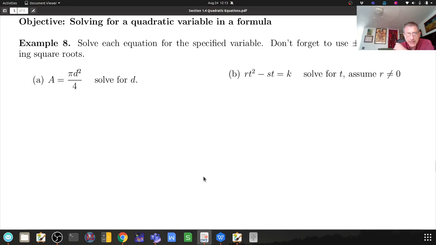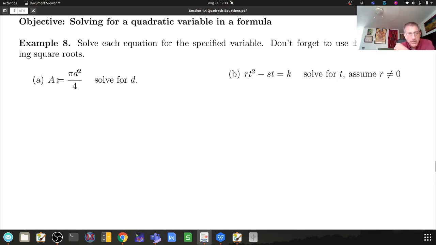So going back to what we're given, we're going to solve both of these equations for the specified variable. And I give you the hint, don't forget to use plus or minus when taking square roots. And depending on what's actually being solved for, you might want to only use one or the other.